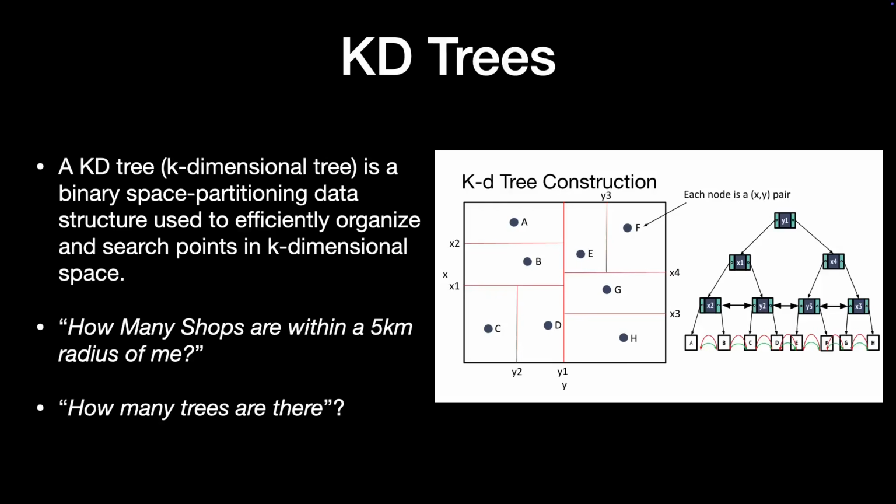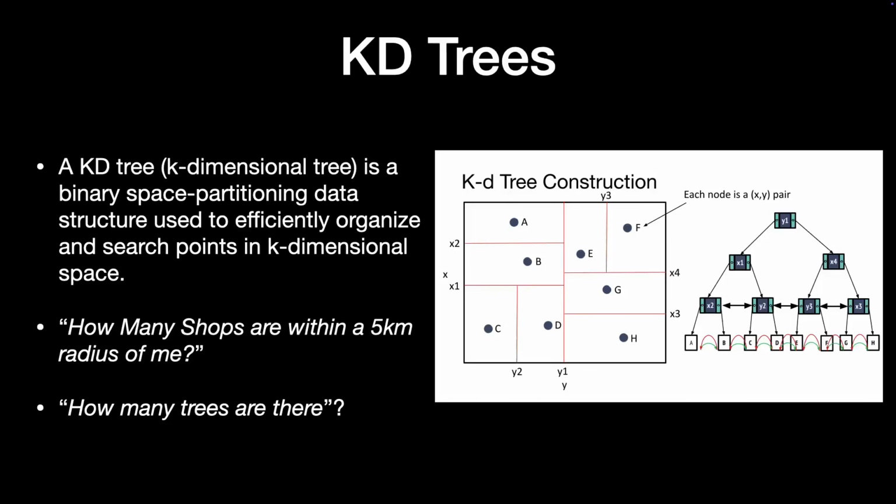Okay, another thing I want to quickly touch on. I'm not going to go into a full lecture here, but KD trees are something that I'm pretty sure all city simulators have used. A KD tree, or K-dimensional tree, is a binary space partitioning structure. This has been used since Doom, literally the video game Doom.